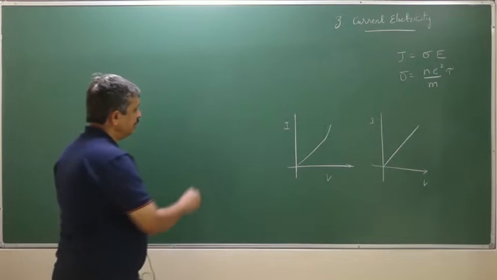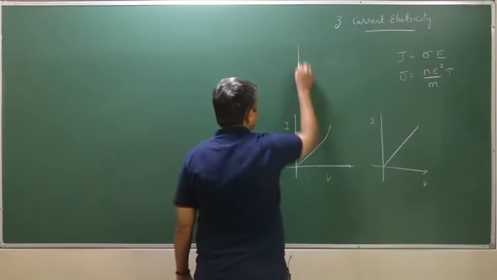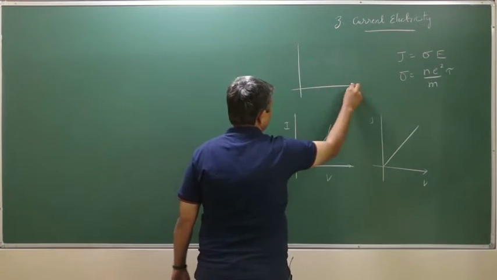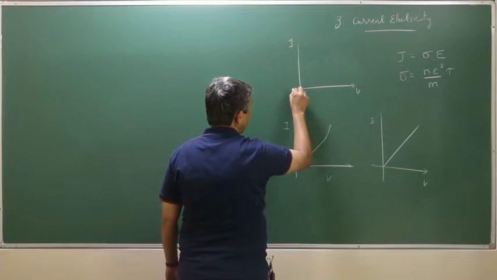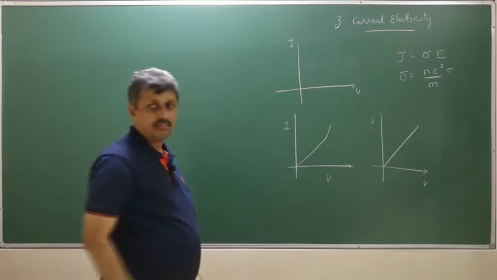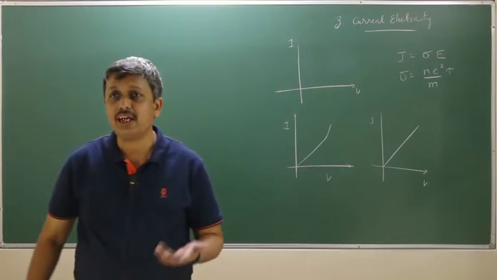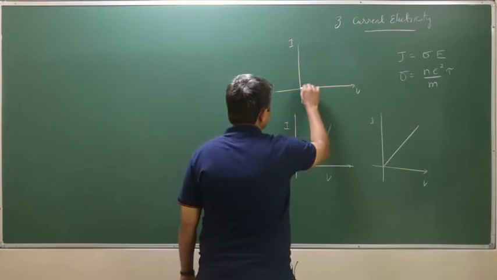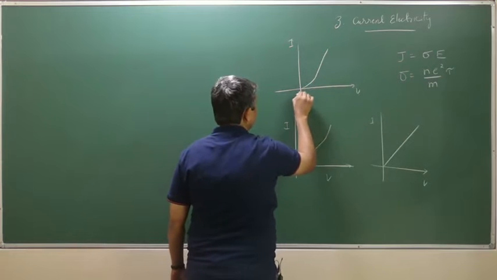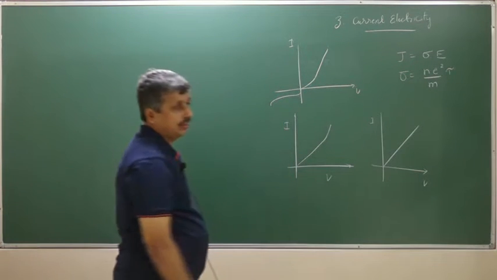Second thing is that it is possible that whenever you apply V in one direction, it works in one way. In another direction, it works in another way. Like it conducts like this in one direction, and conducts something else in the other direction.